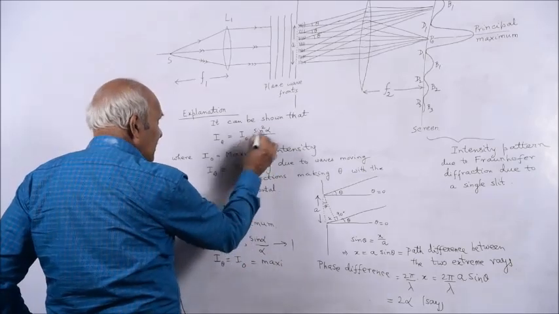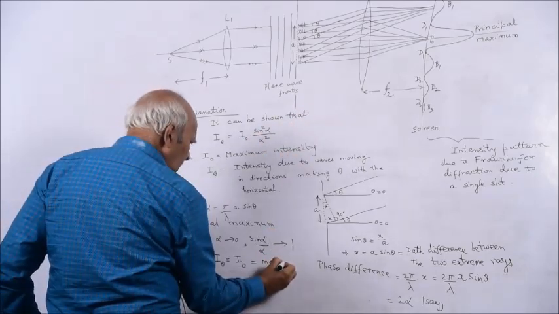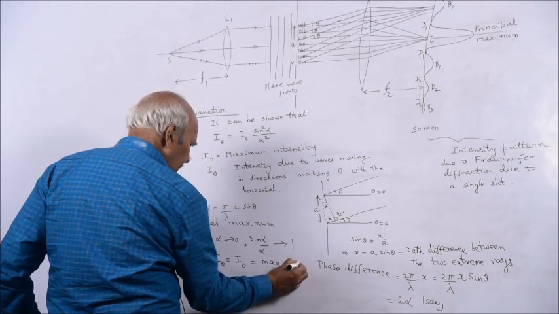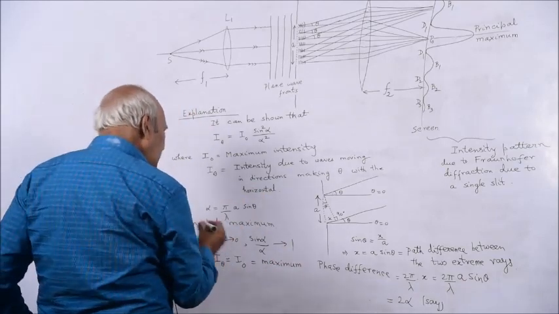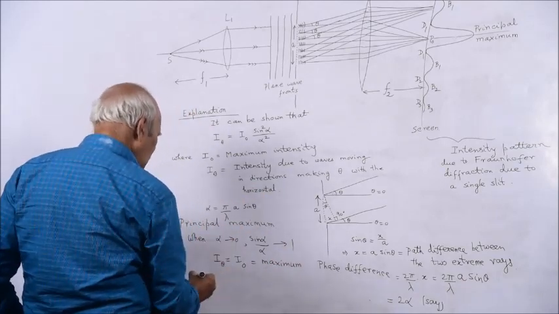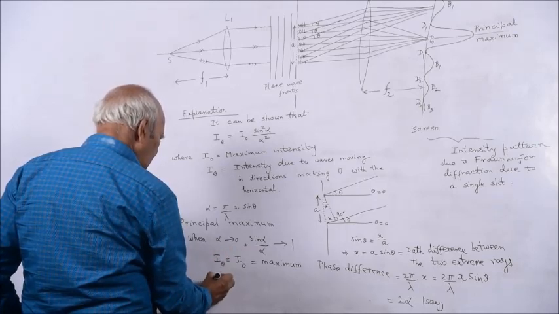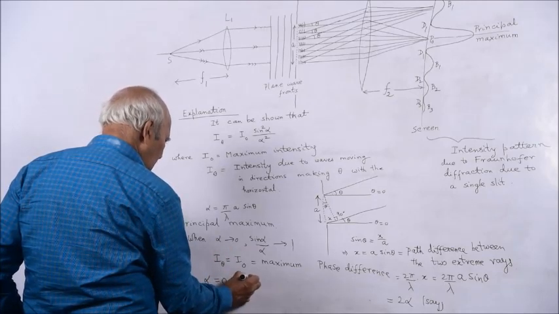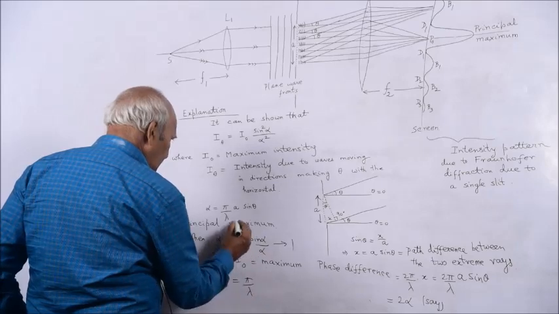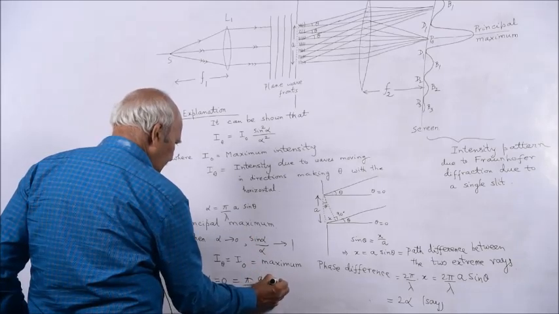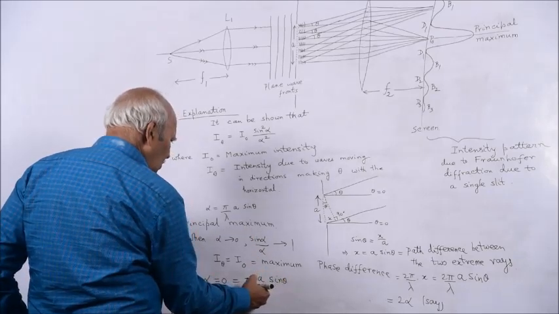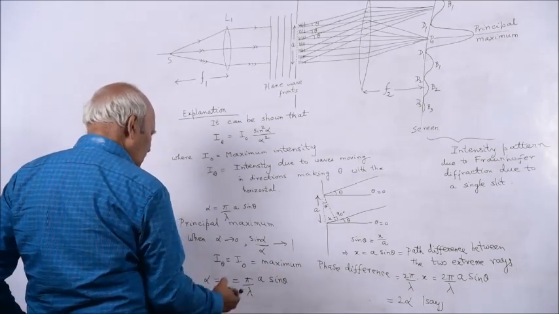So I 0 here means the intensity of the principal maximum, and it is possible when alpha tends to 0. So alpha is equal to 0 is equal to pi by lambda into a sin theta. Here a is not 0, pi is not 0, lambda is not 0.